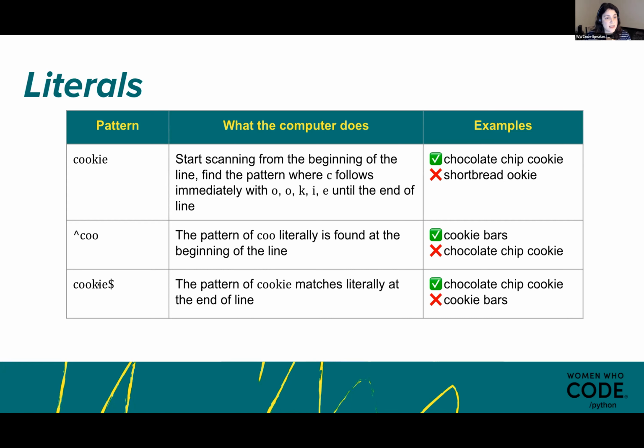And then the other one is that it's got to finish. Your string must finish after the E in cookie. And then you're going to match the opposite. Cookie bars are not going to match because it continues, but chocolate chip cookie will match. And so you can be more precise about exactly where you want to find that word.